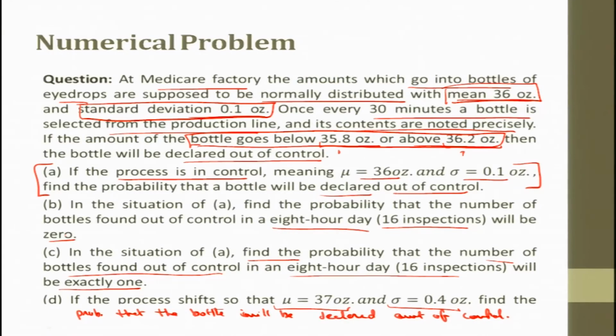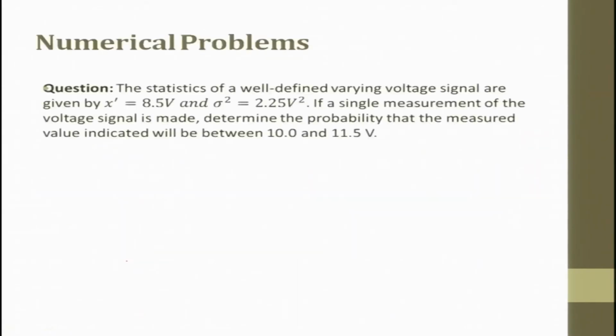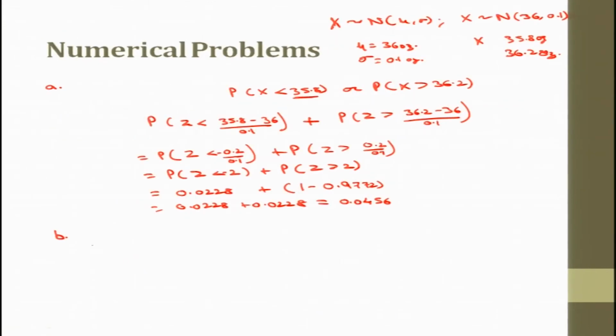Now part B. In the situation of A, when the process is out of control, now we have got the probability here, which is equal to 0.0456, maybe 4.5% chances. Now, the question asks for the probability that the number of bottles found out of control in an 8-hour day, 16 inspections, would be 0. So in B, we have 16 inspections. What is this value?